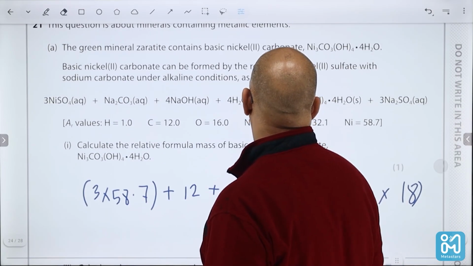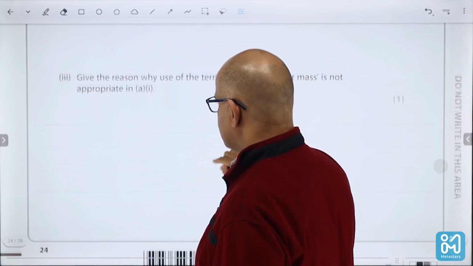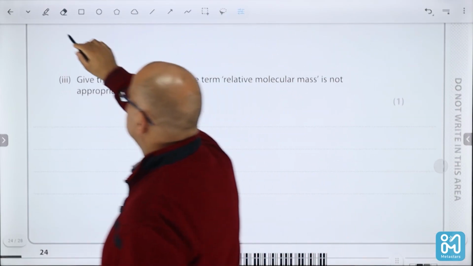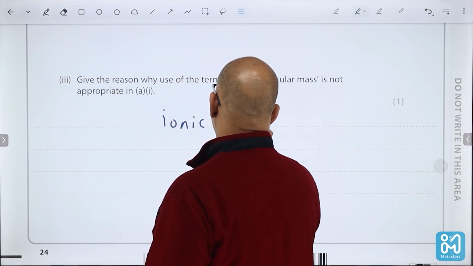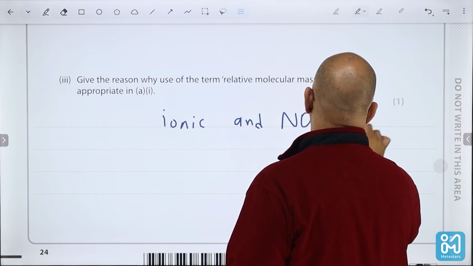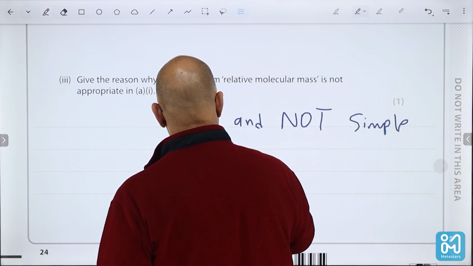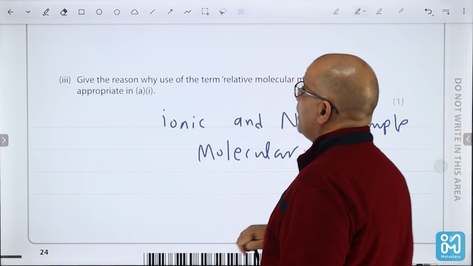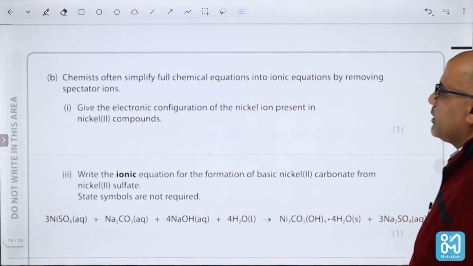So it is hydrated nickel carbonate, because it's an ionic substance, and it is not simple molecular. It's ionic and not simple molecular. Okay, my students, everything's okay.